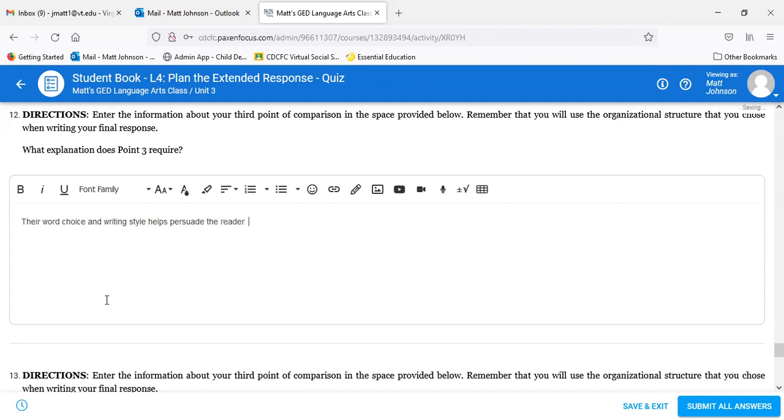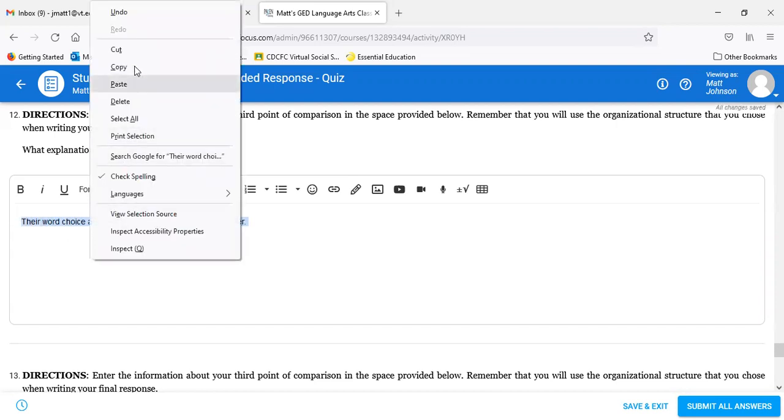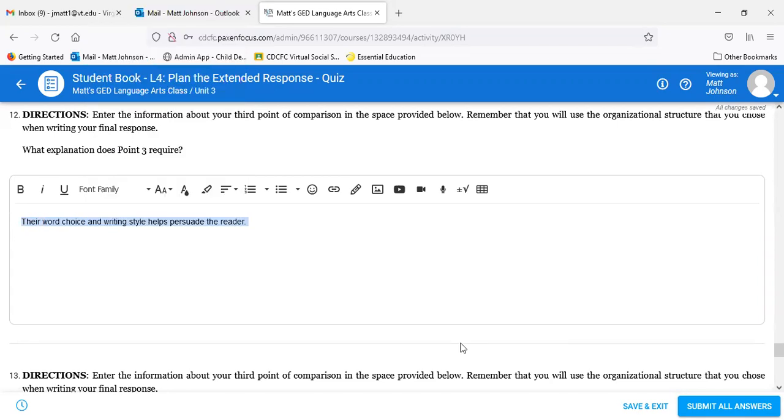That's the idea behind style and tone. So that would be your third paragraph.